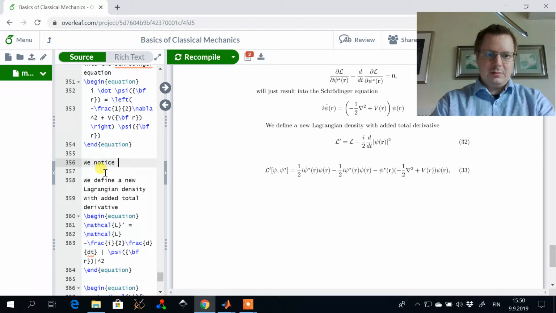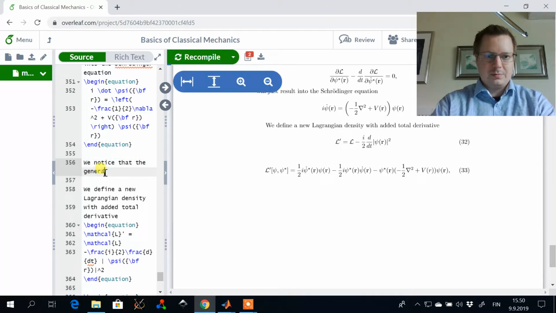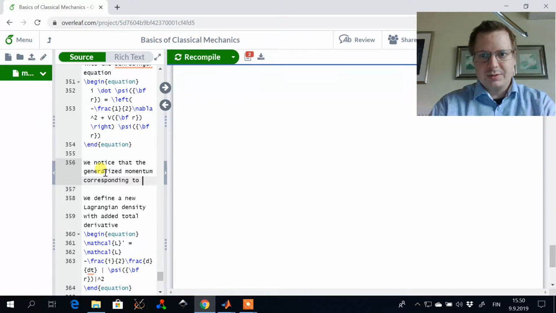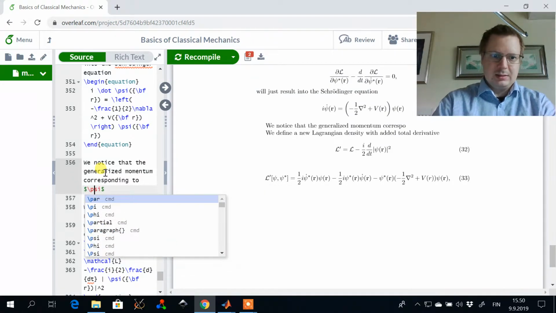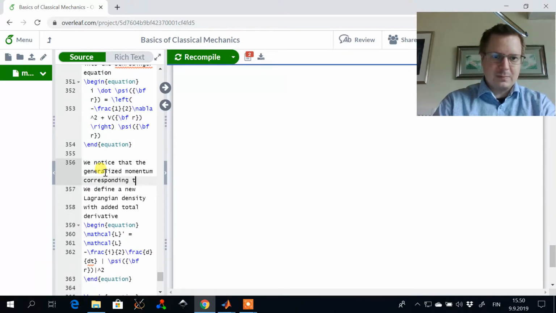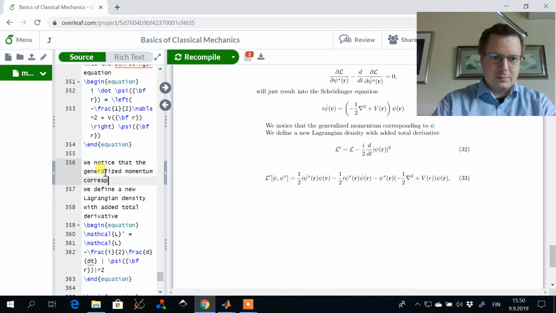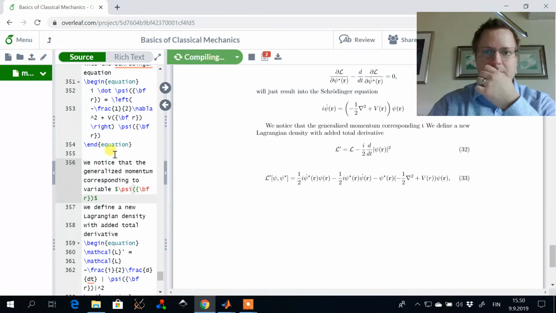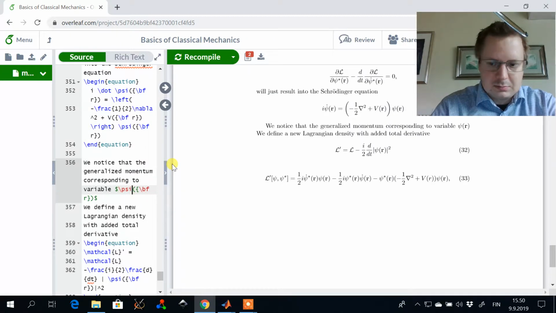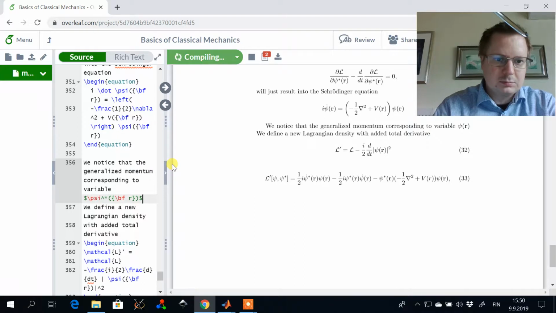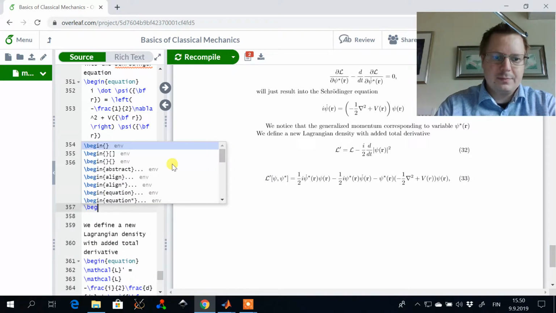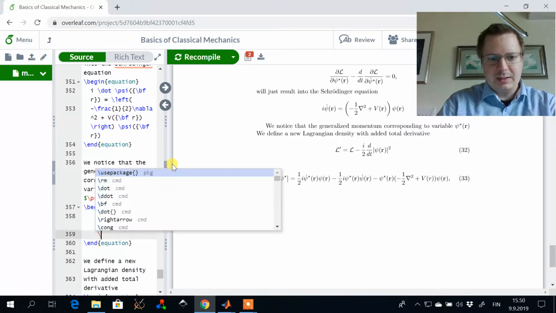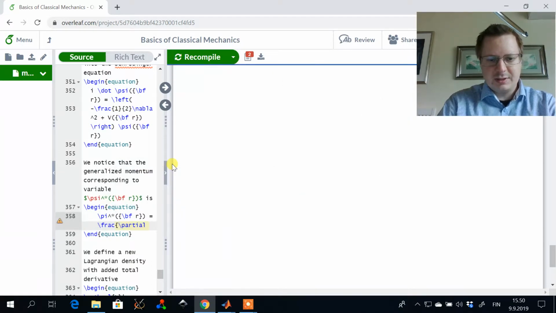We notice that the generalized momentum which corresponds to psi, so let's say we take pi star, and this is how you define a generalized momentum.